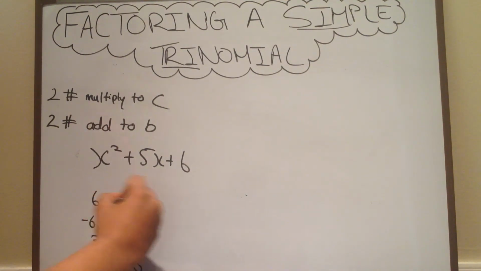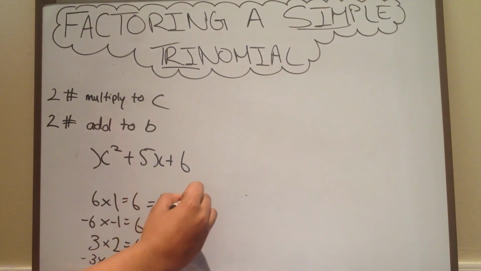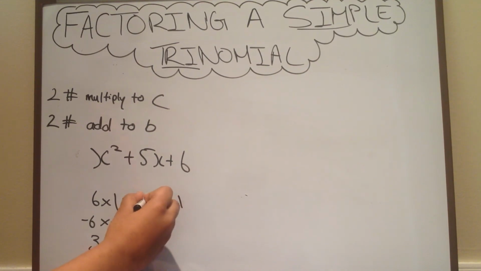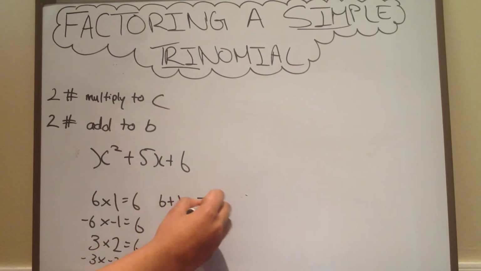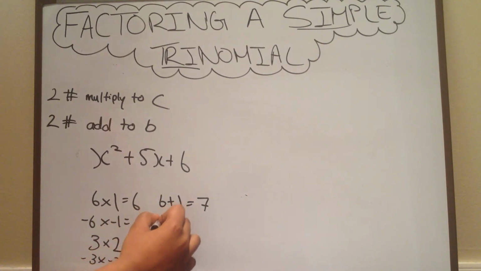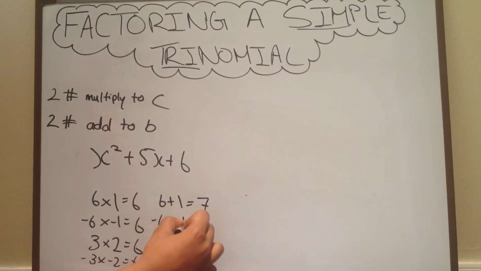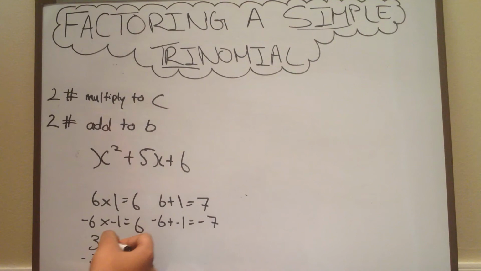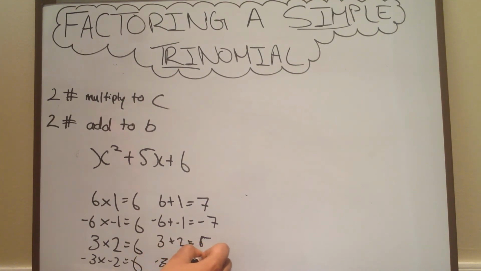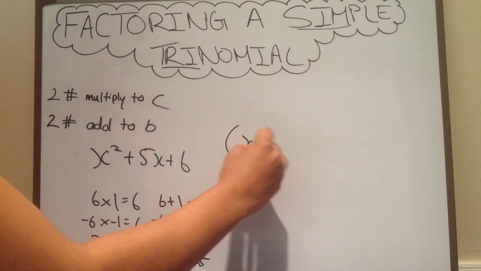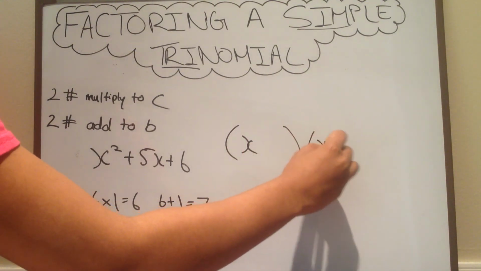So 6 plus 1 would be 7. Negative 6 plus negative 1 equals negative 7. 3 plus 2 equals 5. And negative 3 plus negative 2 equals negative 5, sorry. So now you have your two brackets, x and x.